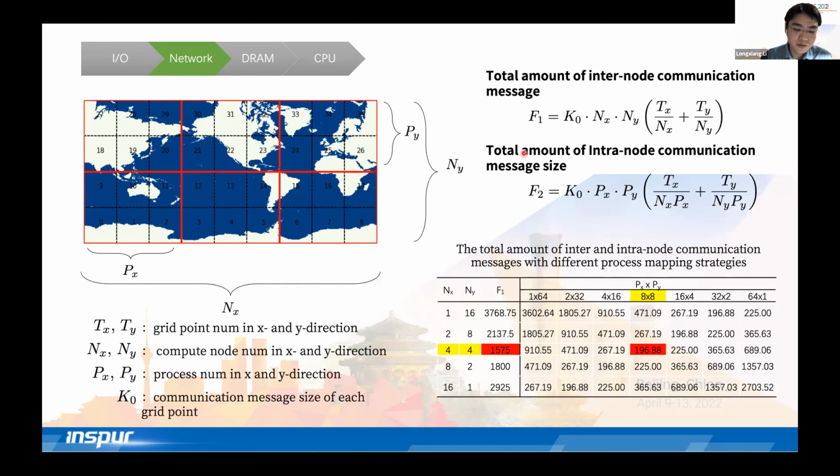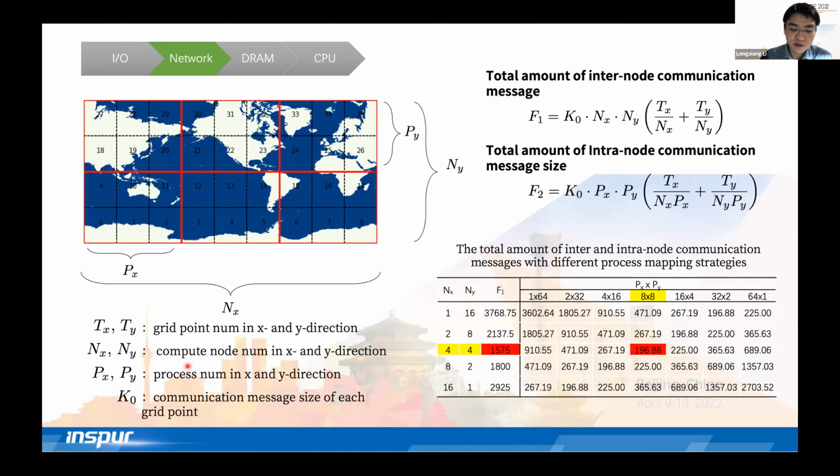If we define Tx and Ty as the number of grid points in X and Y directions, and Nx, Ny, and Px, Py as the number of computer nodes and the processes used in X and Y directions, and K0 is a constant communication message size of each grid point, then the total amount of internode communication message is F1 and given by the first formula. And the total amount of intranode communication message size is F2 and given by the second formula.